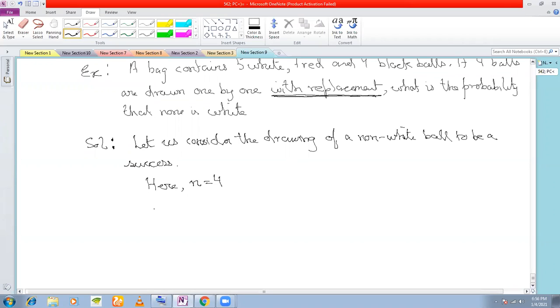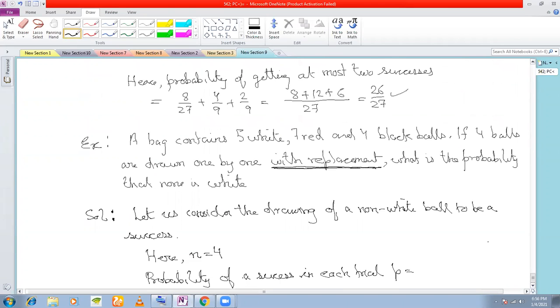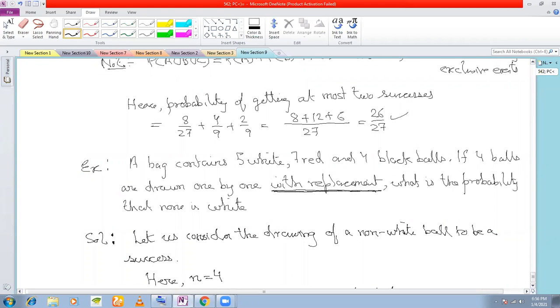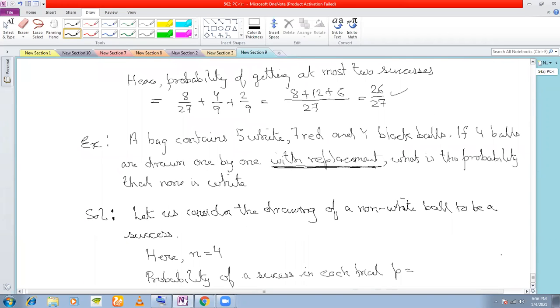What is the value of R here? How many successes you want? None is white. Before we go to that, let us calculate the probability of success in each trial, P. If there are 5 white, 7 red, and 4 black balls, what is the probability of getting a non-white ball?